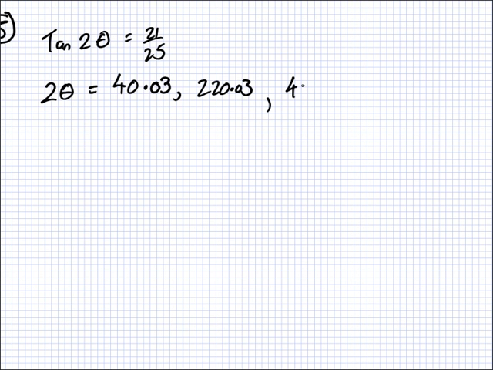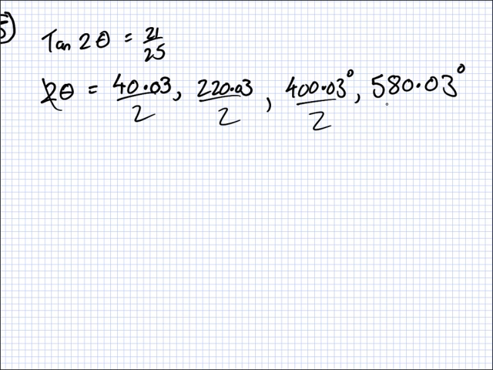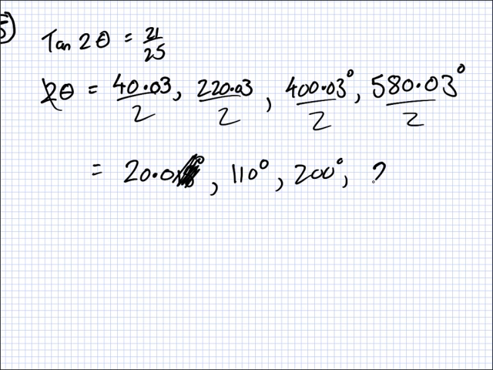So that's 400.03 and 580.03 degrees. So I divide by 2 and I'll get 20.015, but to 3 significant figures, that will be 20. This one will be 110, this one will be 200, and this one will be 290.